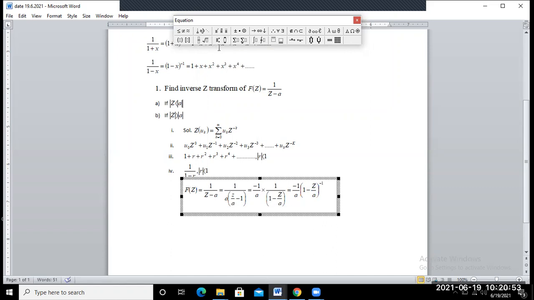Now this is in the standard form of 1 minus x to the power minus 1. So this can be expanded in this form: 1 plus x plus x square plus x cube plus x to the power 4, where x is equal to z by a, or r equal to z by a. So just expand this 1 minus r to the power minus 1.